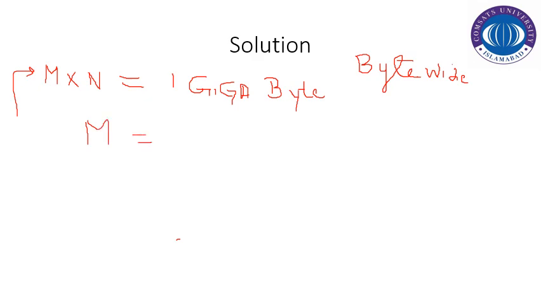M equals 1 giga. Giga basically equals 10 raised to power 9, so we can also place that figure in here, and M is also equal to 2 raised to power k. So 2 raised to power k equals 1 multiplied by 10 raised to power 9, or you can say 2 raised to power 30.